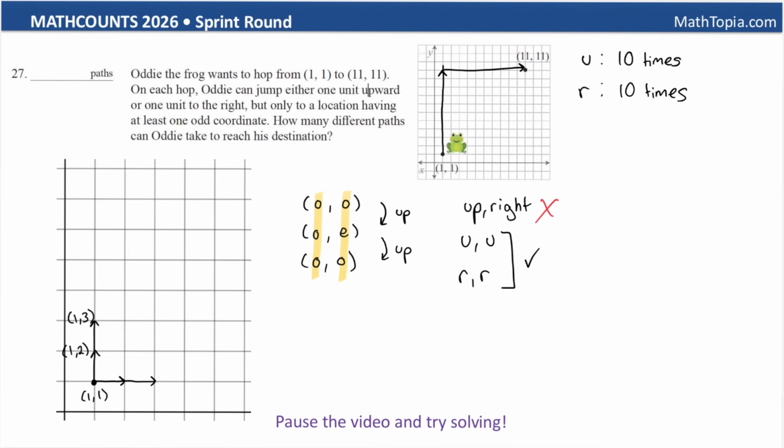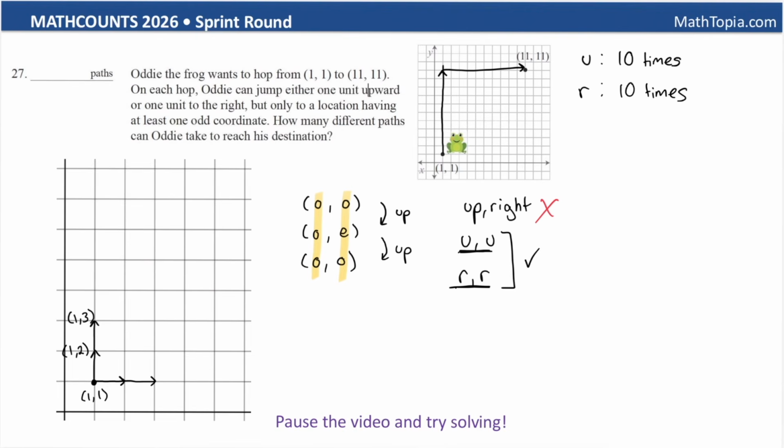And then we want to find out the number of paths that he can make by eventually landing up 10 and right 10. Our restriction is that whenever he moves up, he has to move up again, and whenever he moves right, he has to move right again.